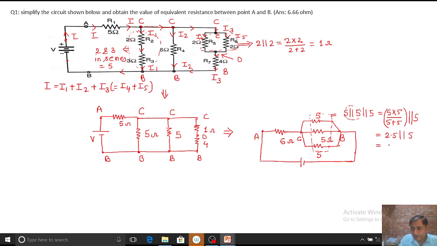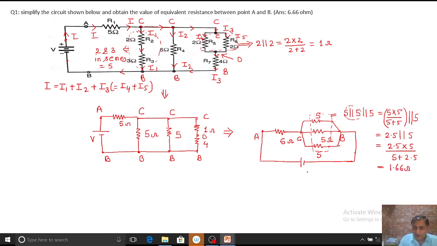So 2.5 parallel with 5 is 5 into 2.5 divided by 7.5. So this is 1.66 ohm.